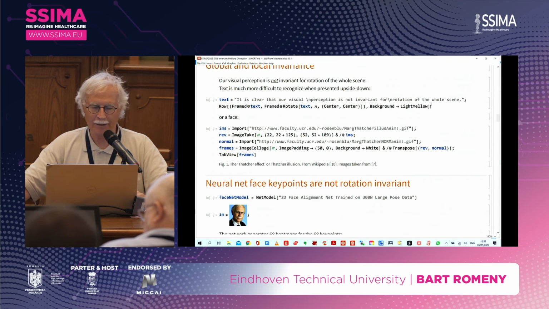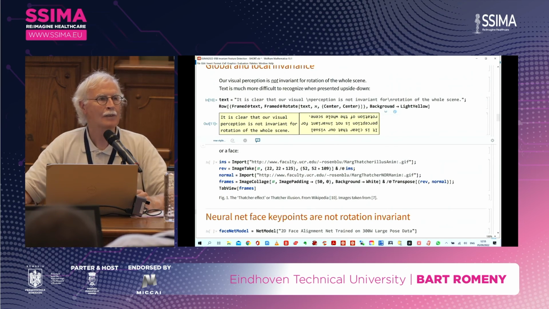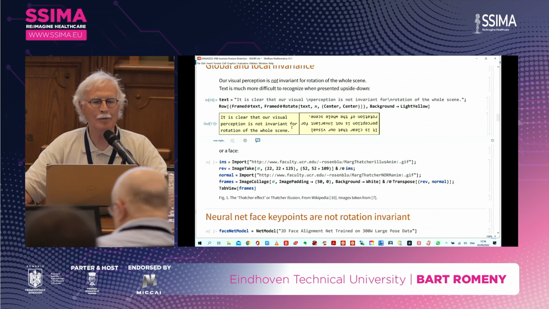If you look at a neural network, you will see that we are actually not rotation invariant. We have never seen text upside down, so it's pretty non-trivial to recognize what is written here. You cannot immediately see this. You can immediately see this one.